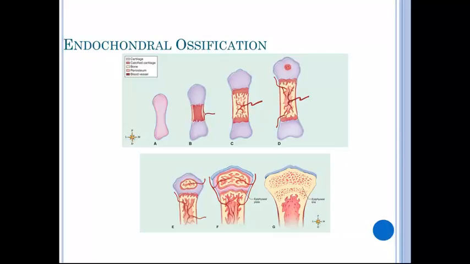Endochondral ossification. So here's a picture of the whole process. We're going to go through this, and your book also has the same pictures. So A is the formation that begins with cartilage. So we just have cartilage.